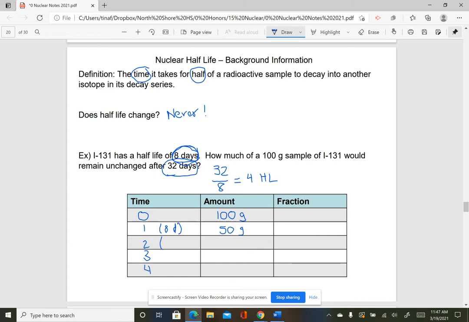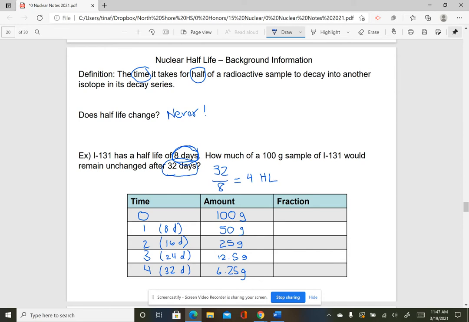When another 8 days go by, so now 16 days have gone by total, I got cut in half again. When another 8 days go by, 24 days total, I got 12.5 grams left. And when my 32 days go by, my 4 half-lives, I have only 6.25 grams left.